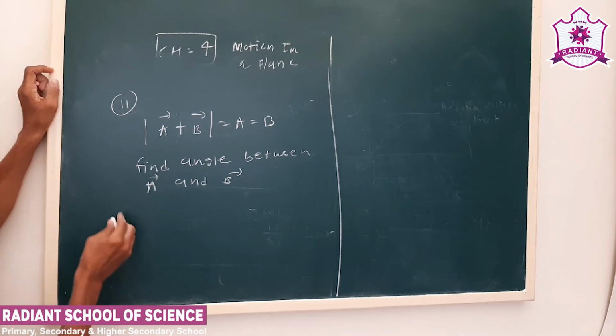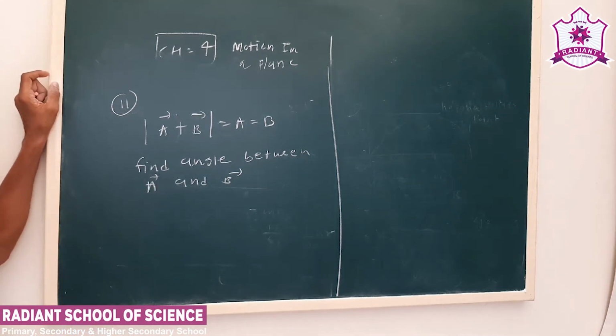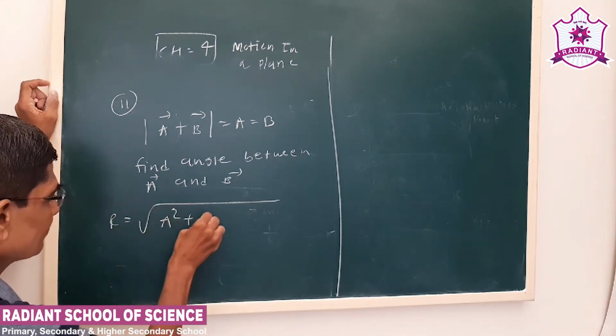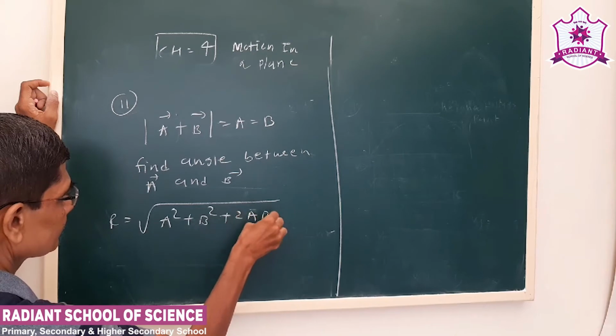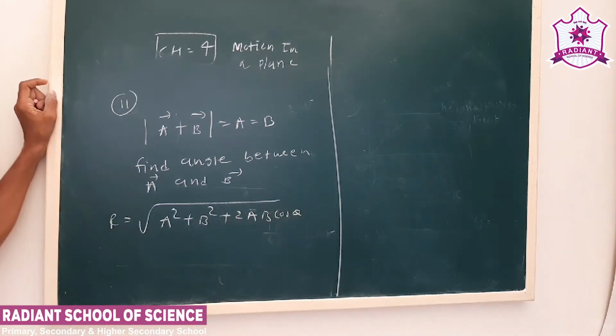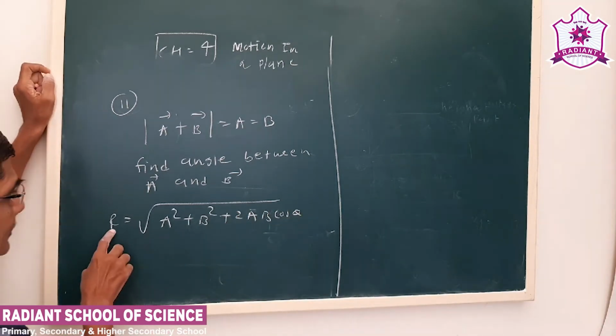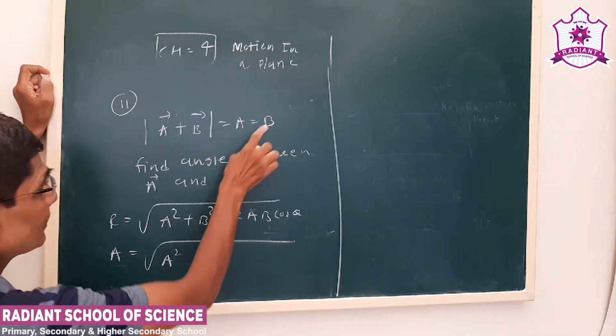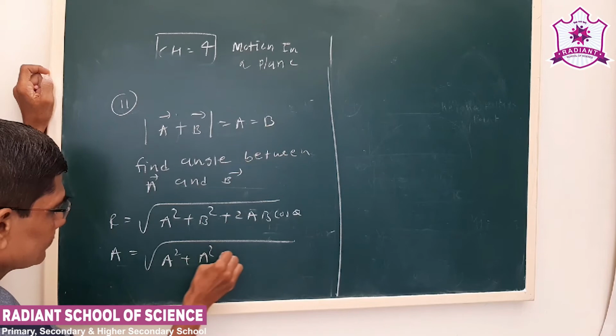When two vectors and the angle between them are given, the resultant vector is the square root of A square plus B square plus 2AB cos theta, where theta is the angle between vectors A and B. The resultant also is A, and B also is equal to A.